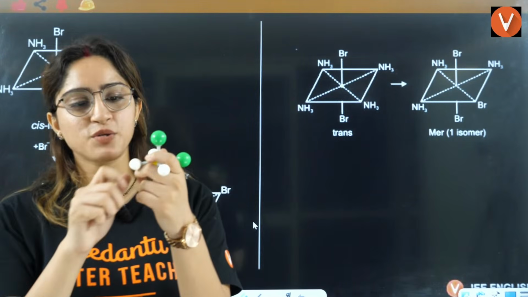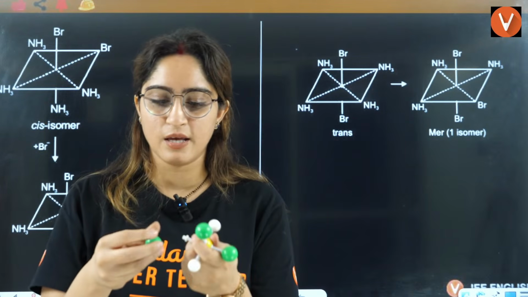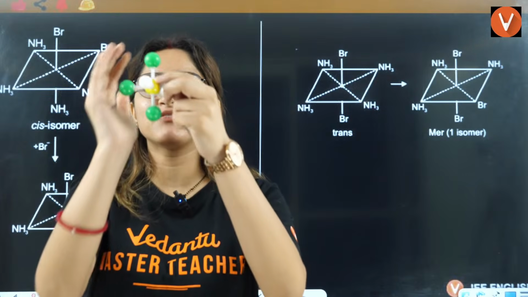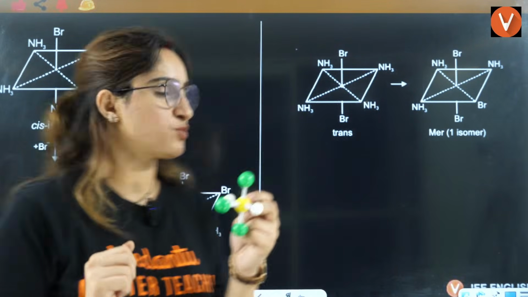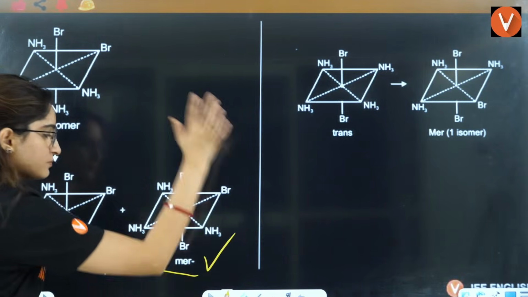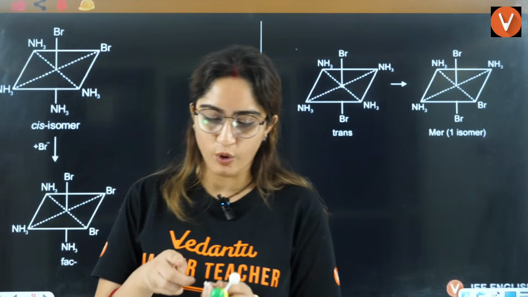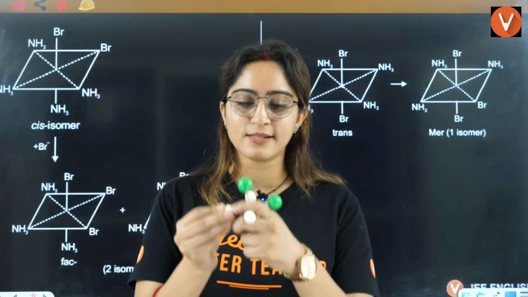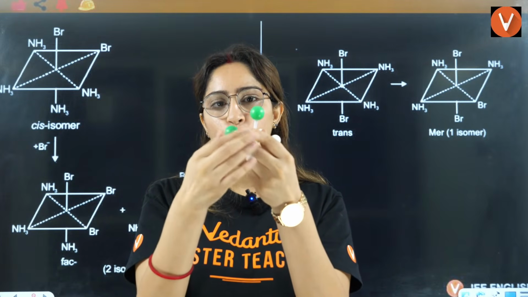First possibility is that you replace this white atom and you have this kind of semicircle. That is nothing but the meridional isomer. Another possibility was the cis isomer, and you replace it over here.